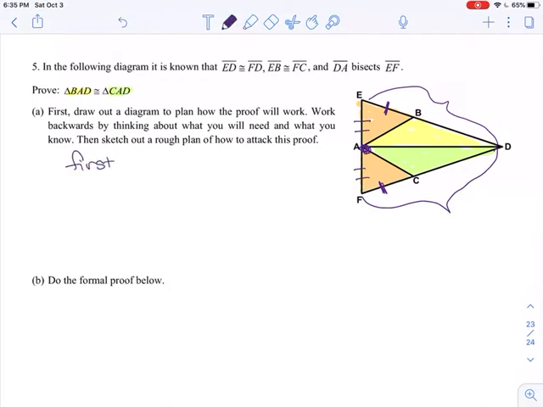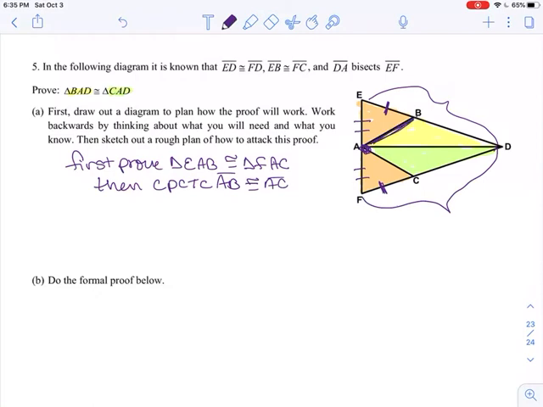So this proof is going to be a little bit different in that I'm going to first prove triangle EAB is congruent to triangle FAC, and then I'm going to use CPCTC to say that AB is congruent to AC, because AB and AC are part of the yellow and the green triangle.